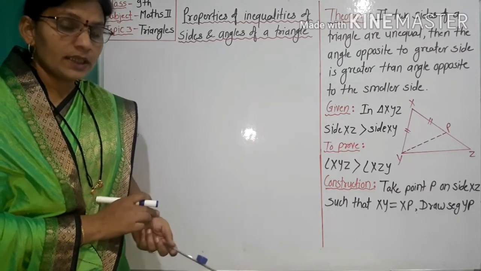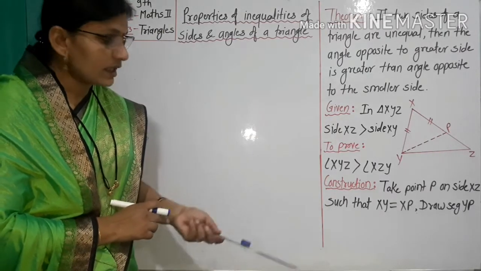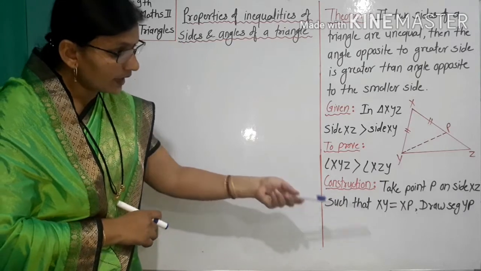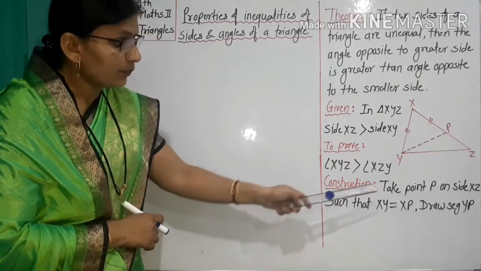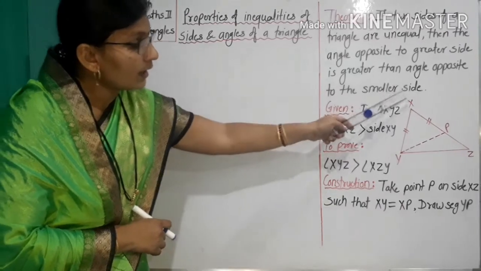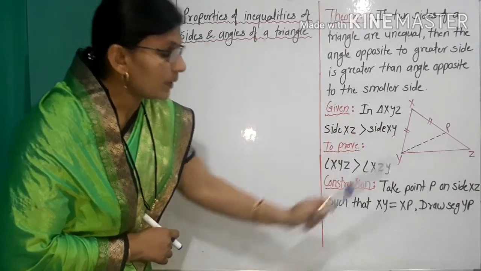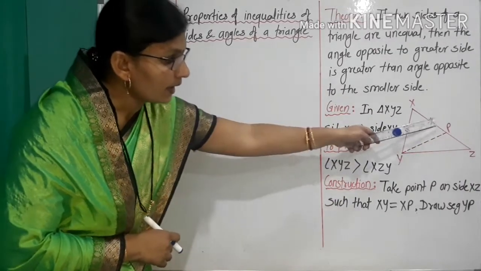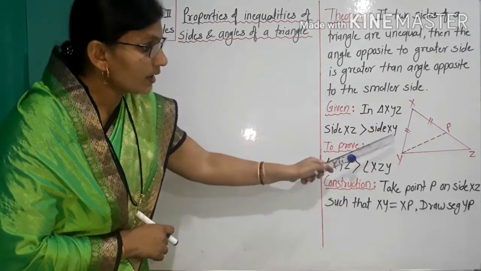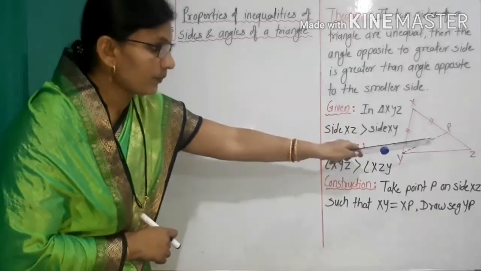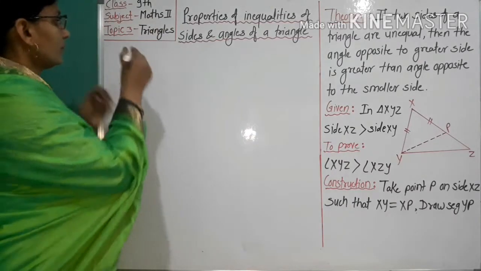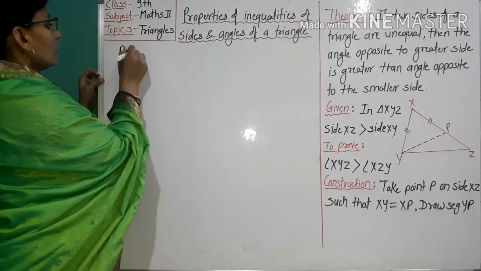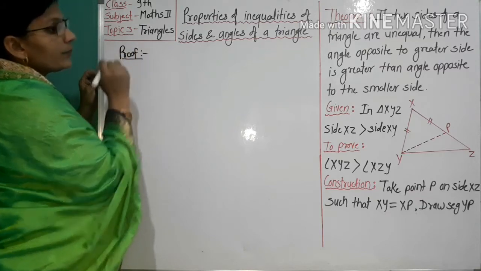To prove this theorem, there is a construction. The construction is: take point P on side XZ such that XY equals XP, and draw segment YP. Here segment YP is drawn. So to prove this theorem, observe the figure.